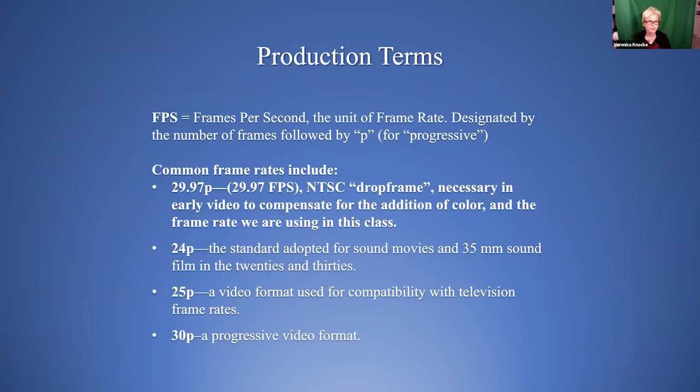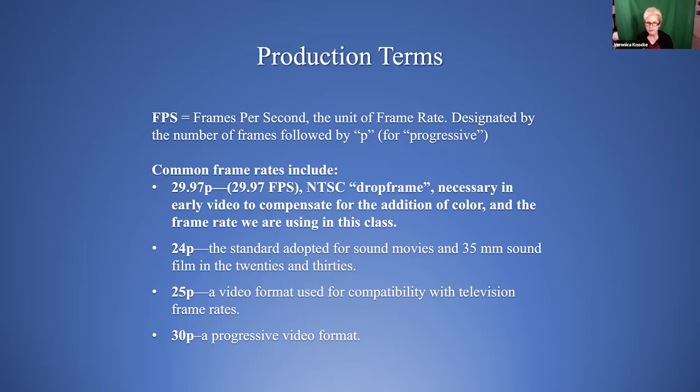Production terms, frames per second. The unit of frame rate, designated by the number of frames followed by P for progressive. Common frame rates include 29.97p, which is what we've been using, 29.97 FPS. It's called NTSC drop frame in some of the windows when you're entering information.